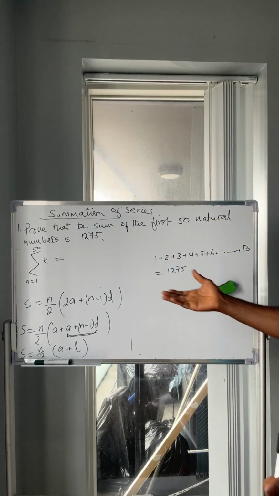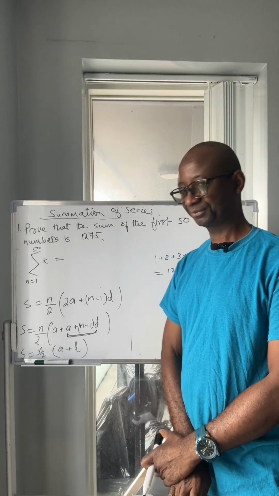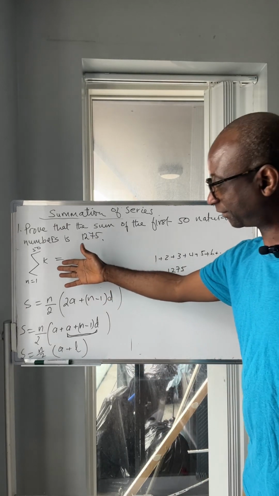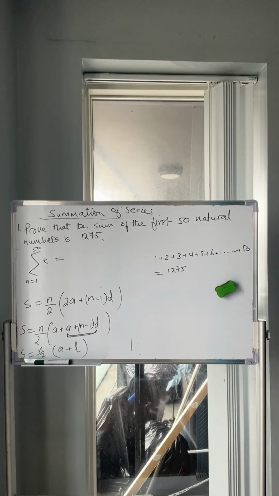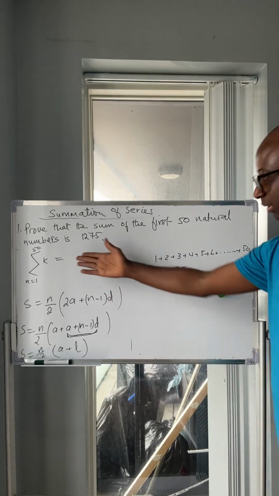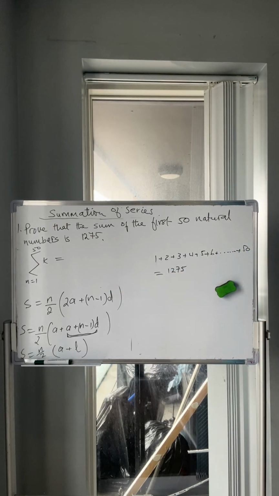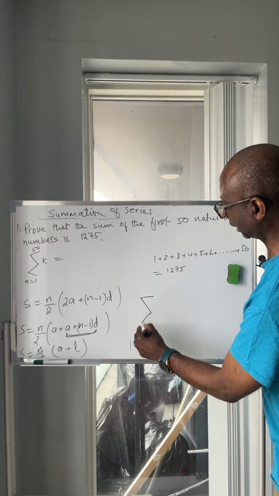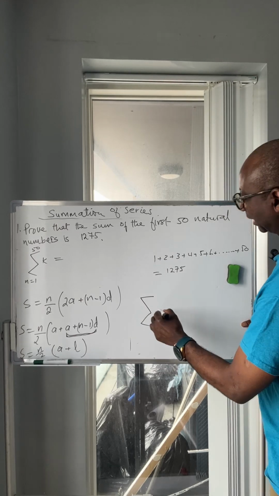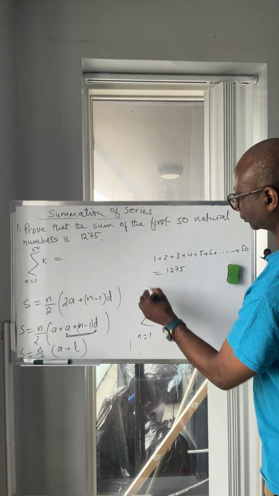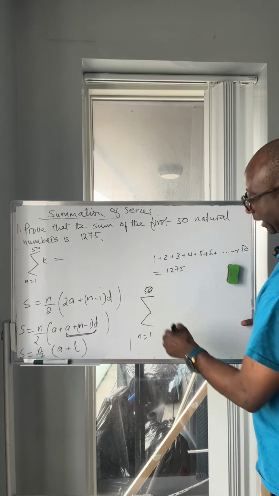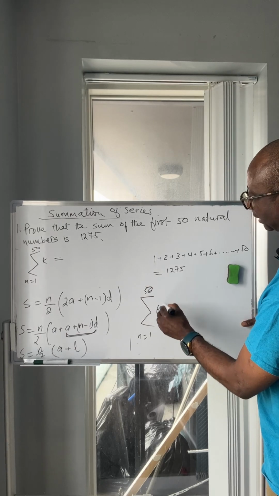So we still need this formula. If you're adding the first natural numbers, this is what it looks like. Suppose we're adding the squares of natural numbers, then this will be k squared.